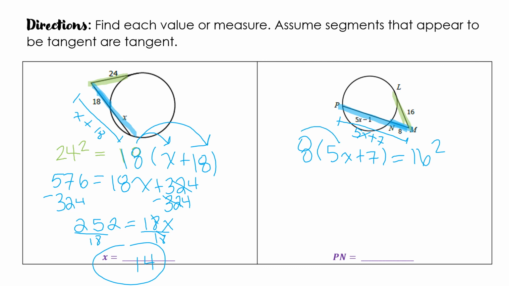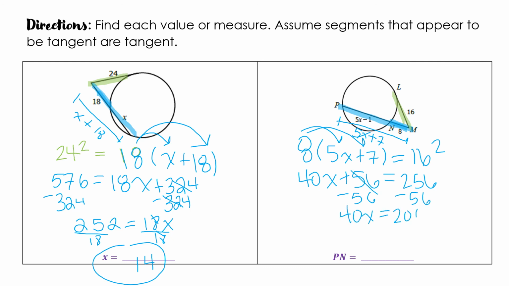So now let's distribute the 8. So that gives us 40x plus 56. We're going to do 16 squared, which is 256. We're going to subtract 56 from both sides, which is going to give us 200. And then we're going to divide both sides by 40, which is going to give us 5 for x. 5 is not the length of PN.